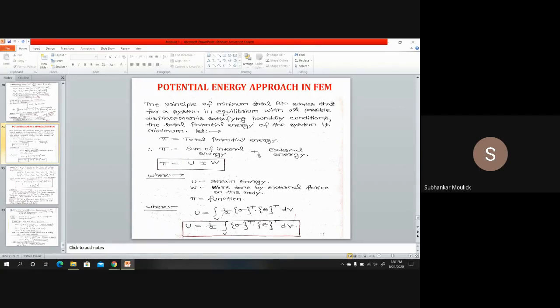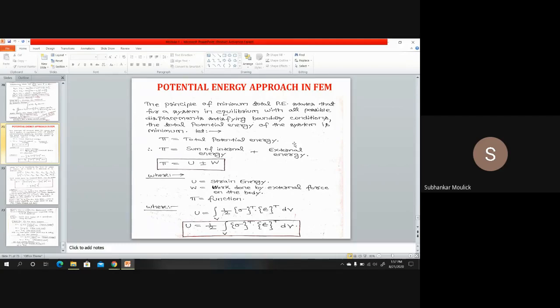So it is better to first understand what this potential energy concept in FEM is. See, this Rayleigh-Ritz's method is a variational method or variational approach to find the approximate solution for a given problem.